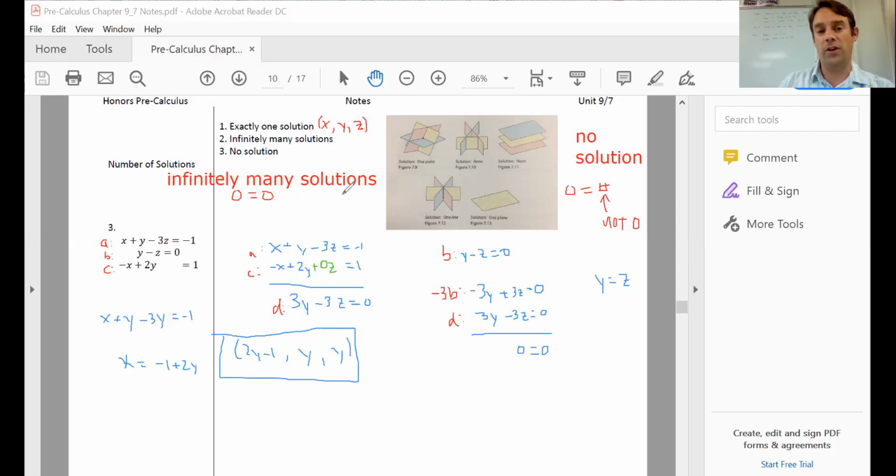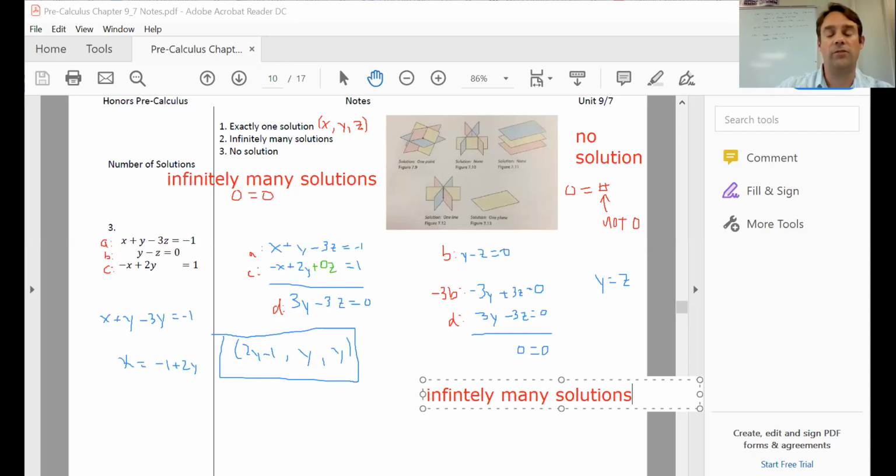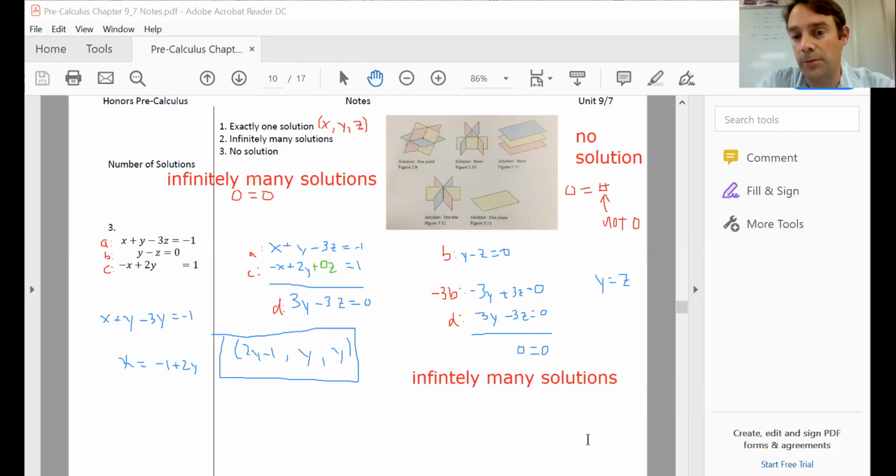All we're going to ask that you guys do is when you see 0 equals 0, just go ahead and put infinitely many solutions. You don't have to tell us how they all relate to each other. You can, but you don't have to. If it's no solution, you just don't even worry about it. You just type in no solution. So you don't have to put all your terms in terms of one variable to tell us the solution set.